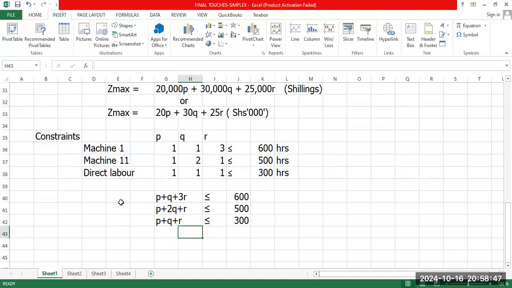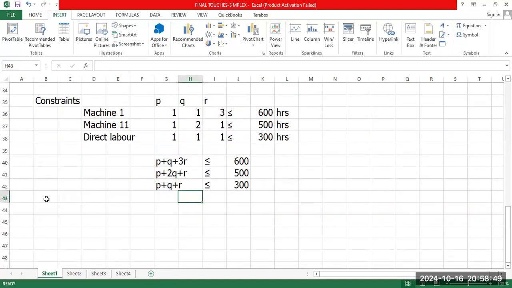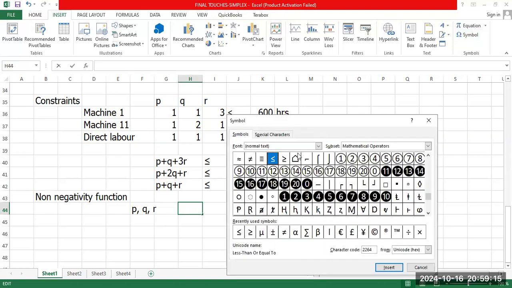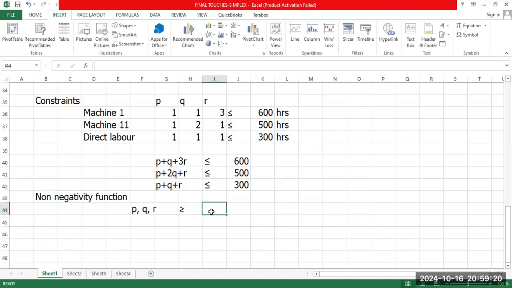So these are your inequalities. Then finally state your non-negativity function. Here you have 3 variables, so the non-negativity function should be P, Q, and R. All of them must be greater or equal to 0.